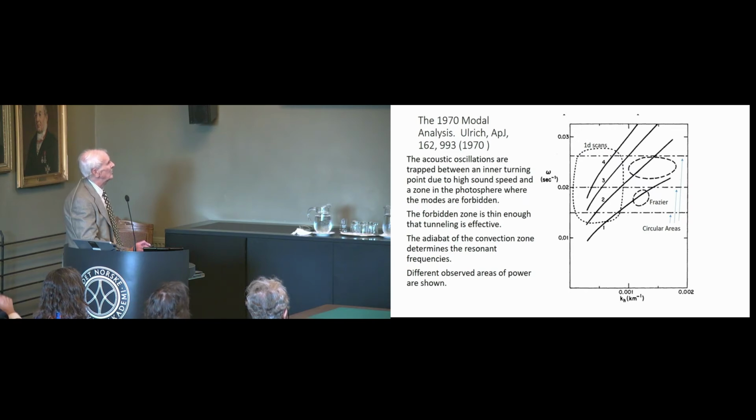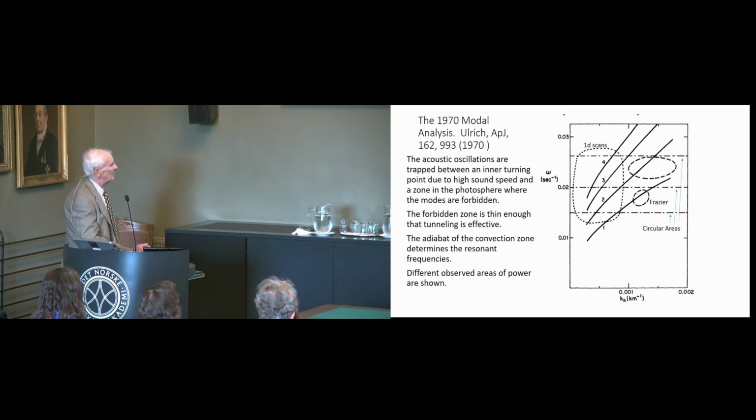The Ed Fraser observations are pretty much compatible with the F mode and the P1 mode, which I label as 1 and 2 here. And then the higher overtones, 3 and 4, kind of get munched together in a thing that I have a big circle for, the one-dimensional scans, where they didn't actually resolve the wave number. They had just one dimension.